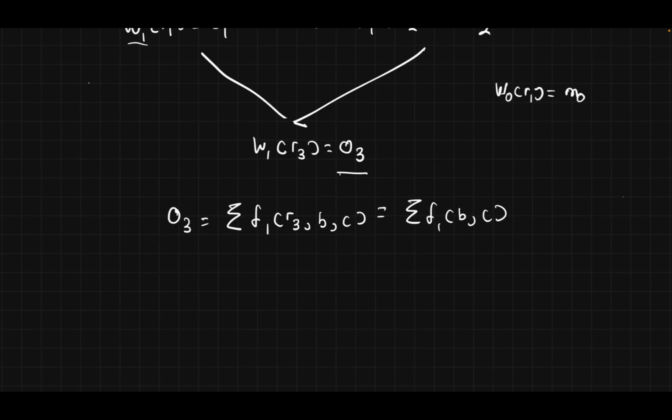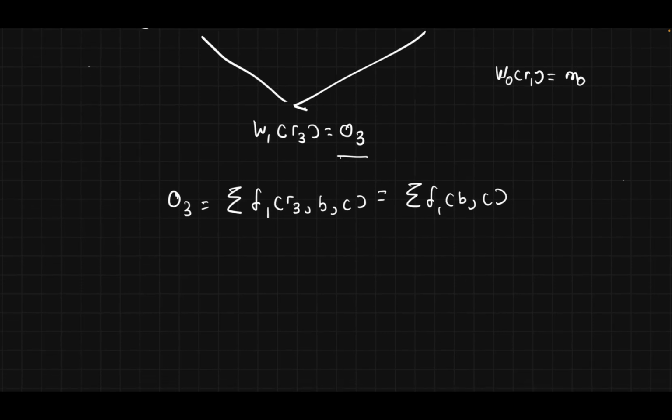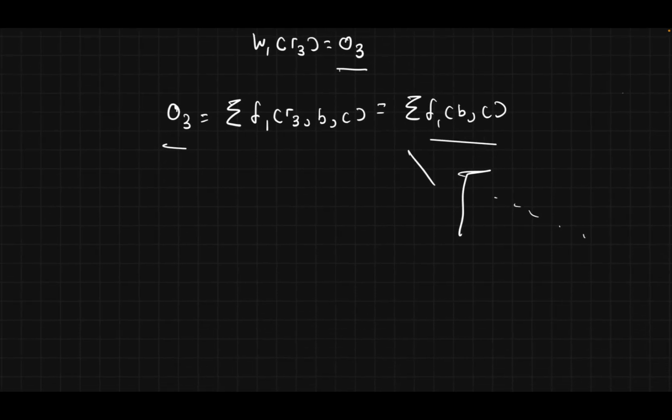Yes. Then we can now run the sum check again on this F1 BC. That'll be our initial polynomial, and O3 is going to be our claimed sum. So at the end of the day, we'll have the oracle check on F1 BC.